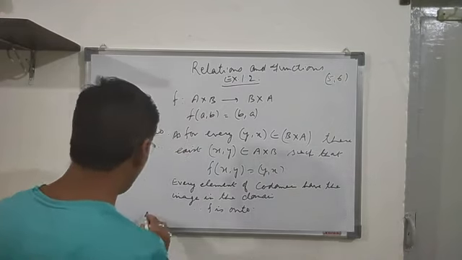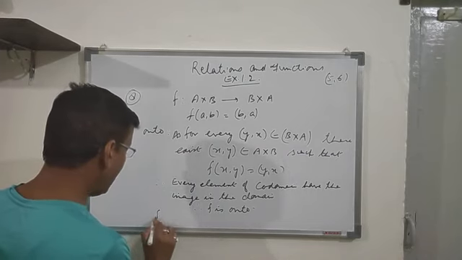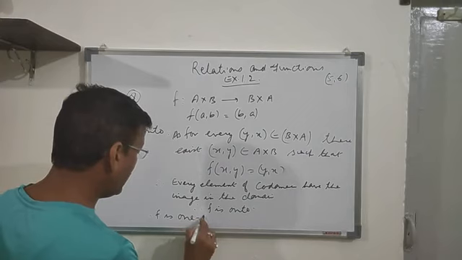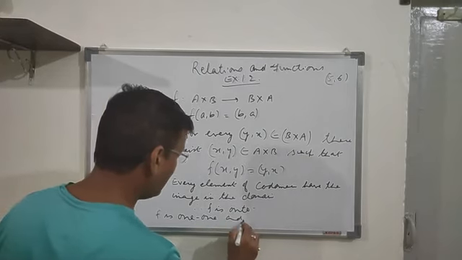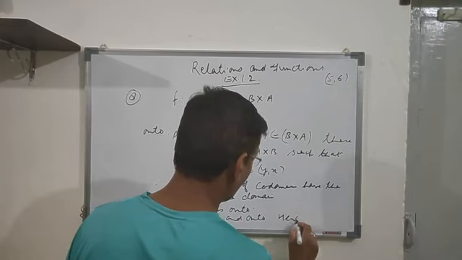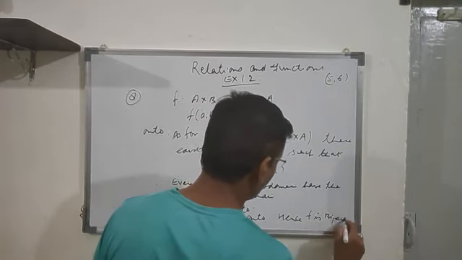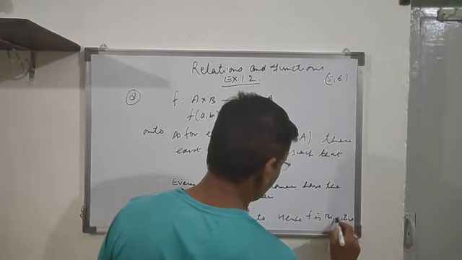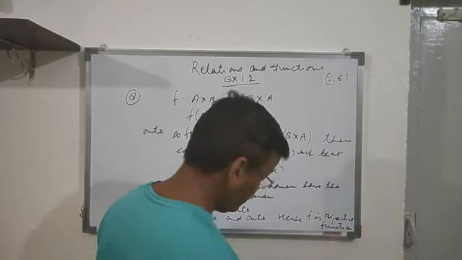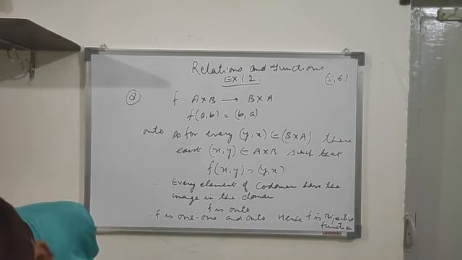Hence we can write that f is 1-1 and onto, hence f is bijective. It is a bijective function. So this is the way we are going to solve it. It's a bijective function.